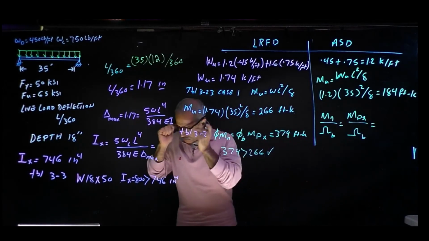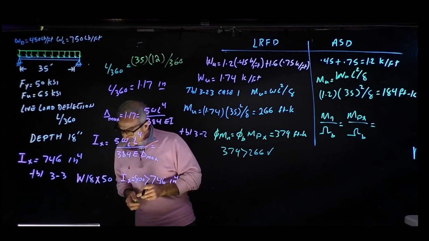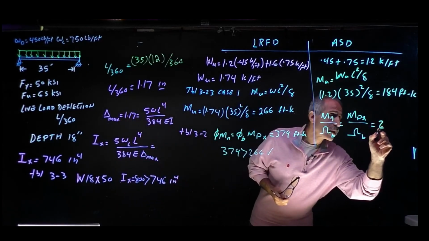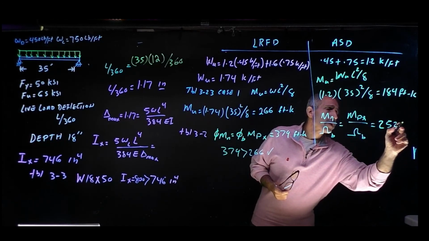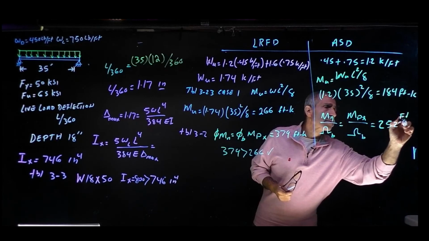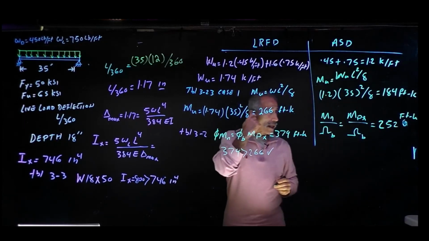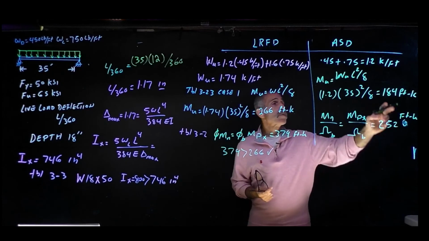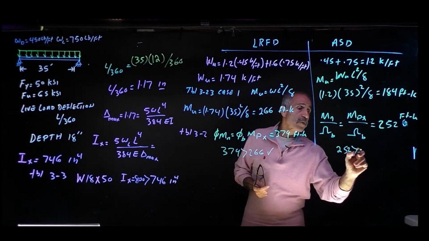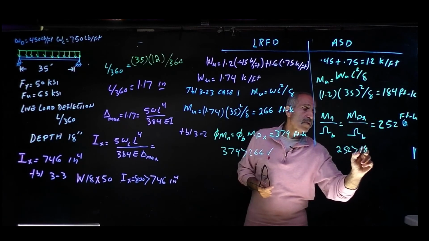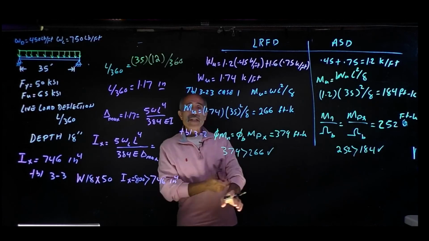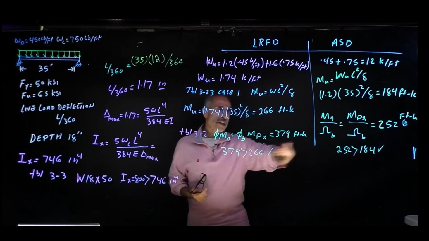That came out to 252 foot kip, and that is more than our applied load, which is 184, so we're good. One thing to remember: we used the table 3-2 shortcut.